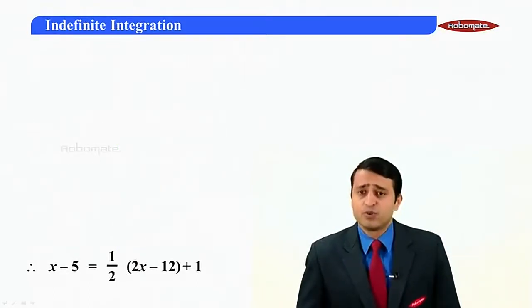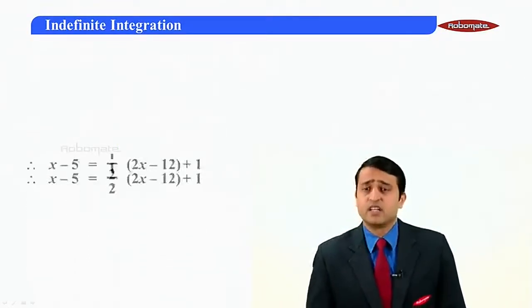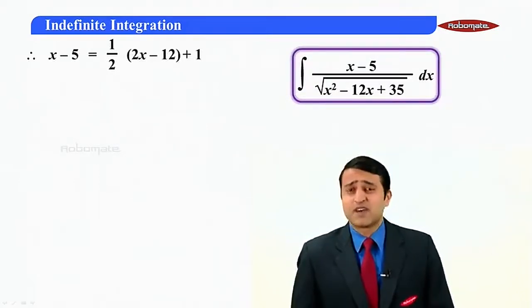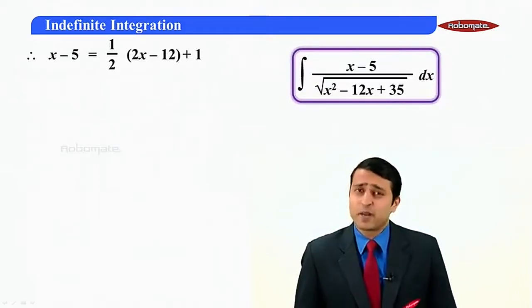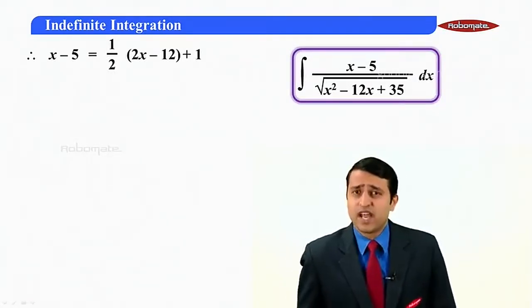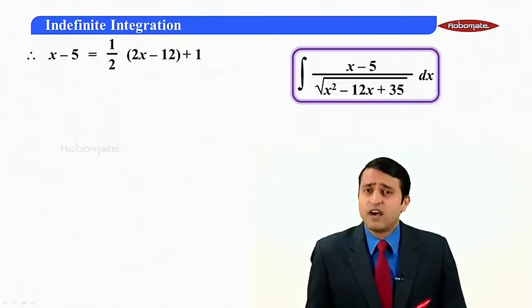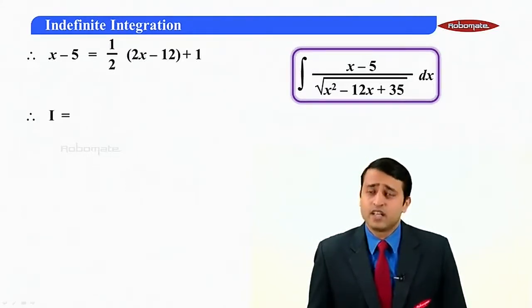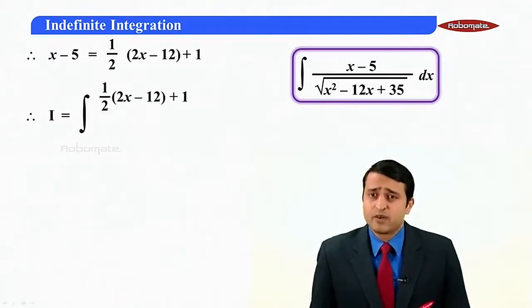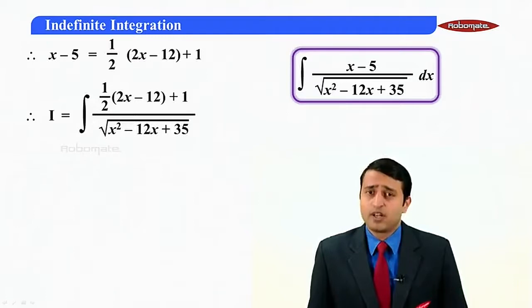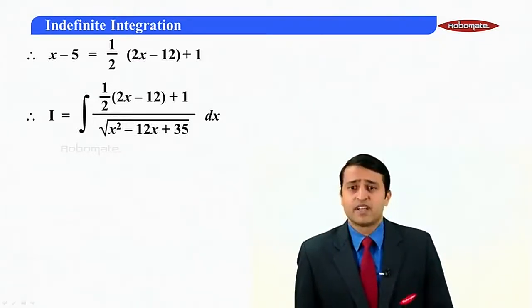Now we have to use this value in the integral. What is our integral? The integral is x minus 5 upon root of x square minus 12x plus 35. So in place of x minus 5, now we will write half of 2x minus 12 plus 1. So that is equal to integral of half of 2x minus 12 plus 1 upon root of x square minus 12x plus 35 dx.